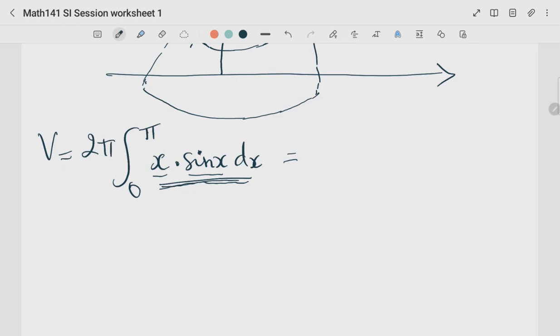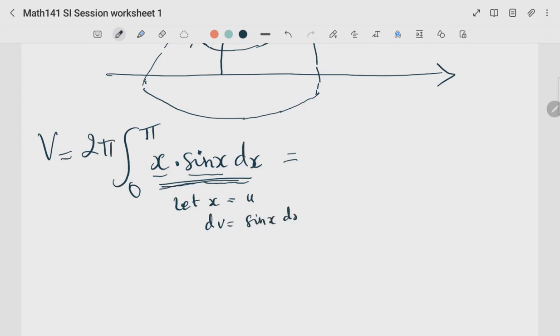So if you say let x be our u, then our dv is sine x dx.